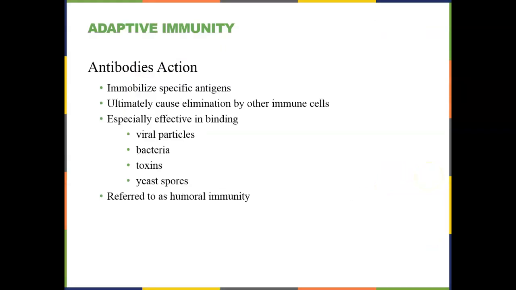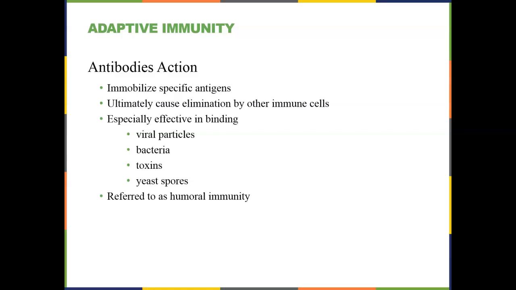So what is the function of your antibodies? Antibodies immobilize antigens. They don't kill antigens. They can't kill them. They just bind. They're proteins. They bind. And in binding, they eliminate the effect that those pathogens can have. So they'll bind to viruses or bacteria or toxins.